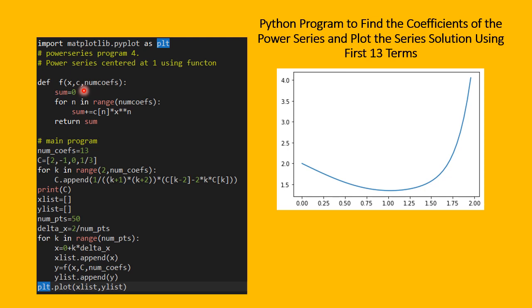First sum will equal 0, and then for n in the range of numcoefs, which will go from 0 to num coefficients minus 1 basically, we'll add to this sum the value of c sub n times x raised to the n power. And so we go through this loop basically 13 times, adding up a partial sum for that infinite series. And then once it's done that, we return the sum to the main program where this function was called.